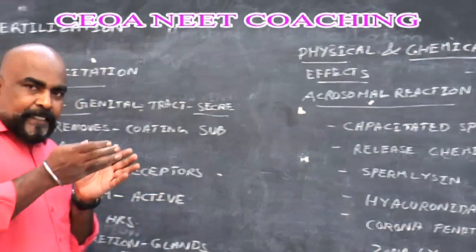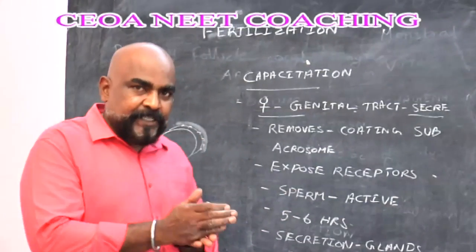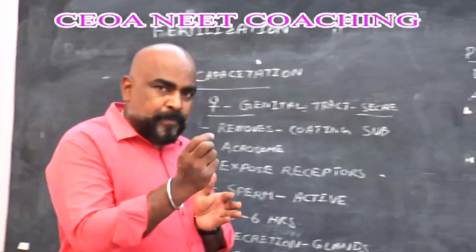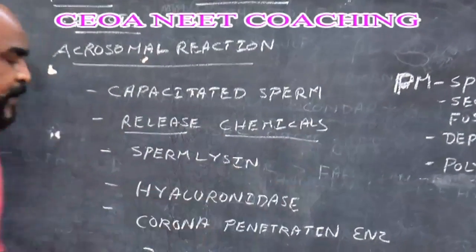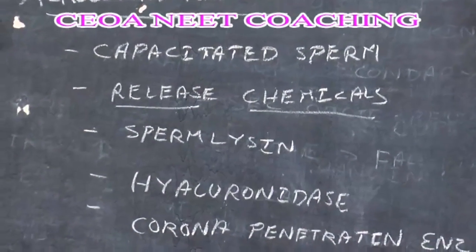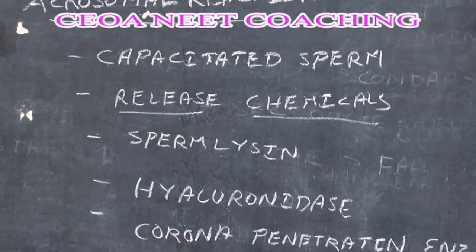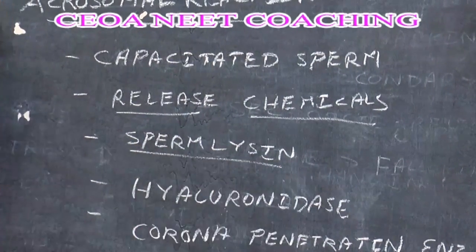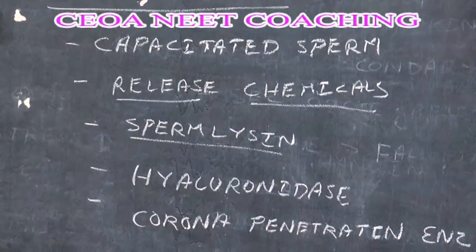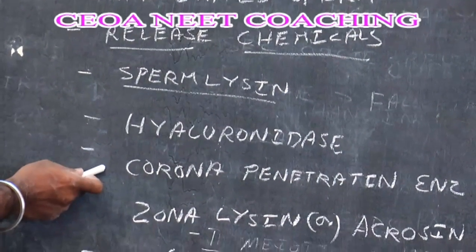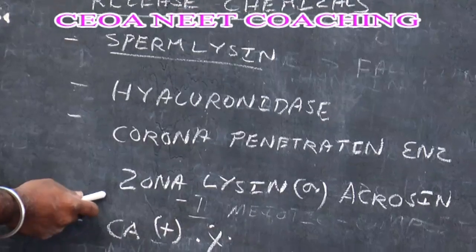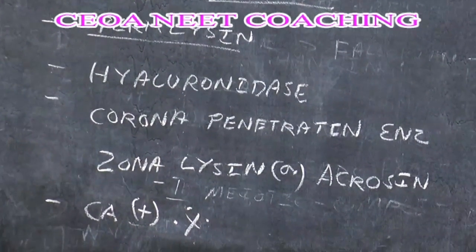After capacitation, the sperm releases a group of chemicals. These chemicals are collectively called sperm lysins, and include hyaluronidase, corona penetrating enzyme, and zona lysin or acrosin.